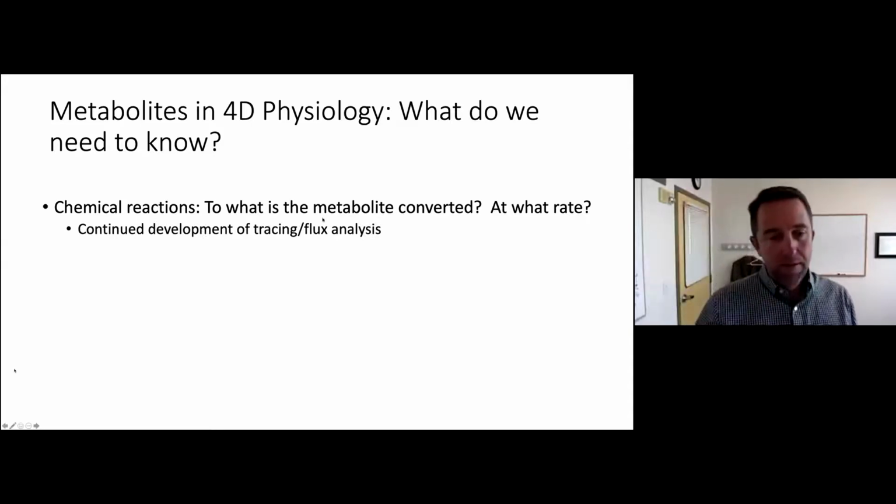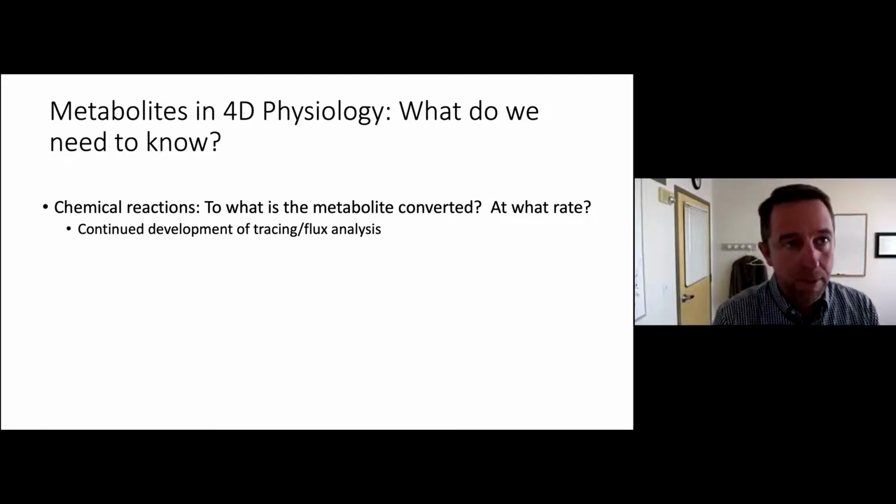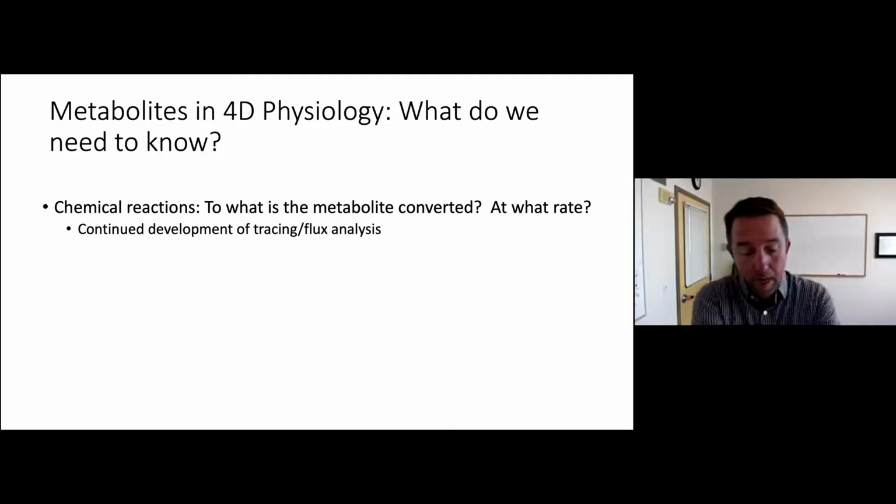To focus on the first one, I think it's pretty obvious, and most of the speakers that have talked about this agree, that we need continued development of metabolic tracing and flux analysis. In my view, the ability to measure metabolism quantitatively over time is exceedingly important, and we have dramatically increased our ability to do that.